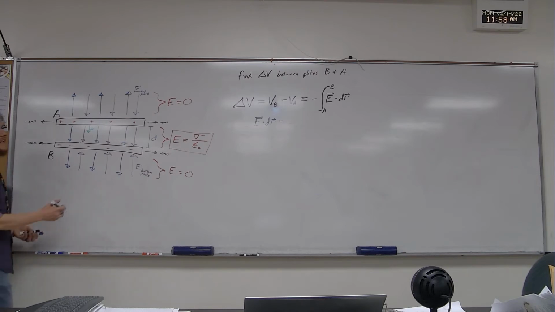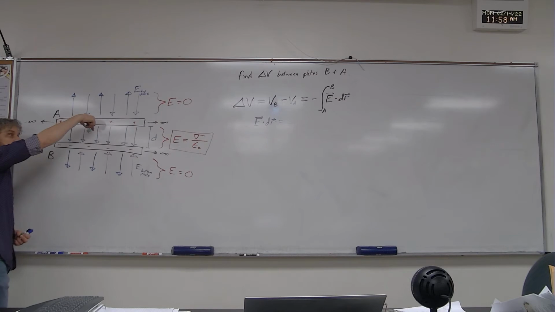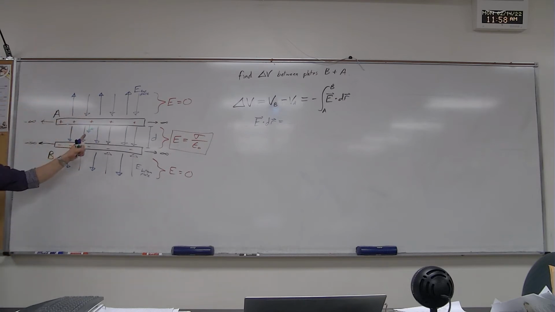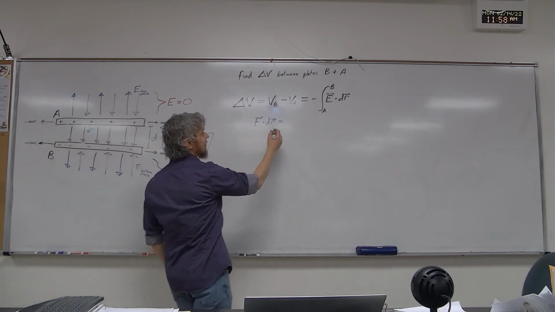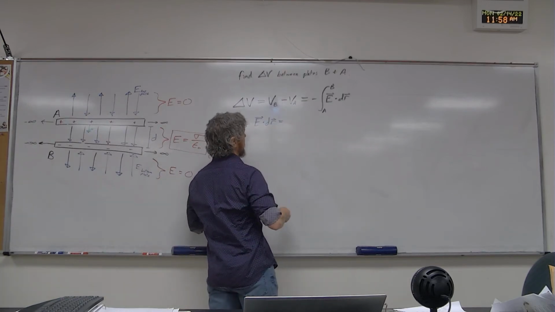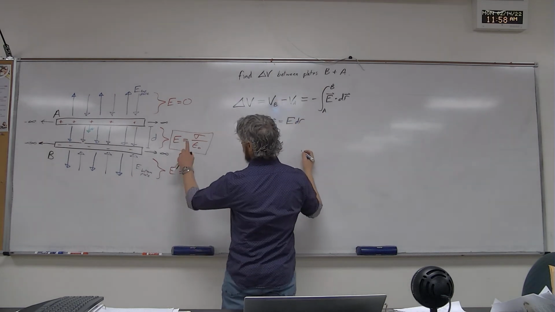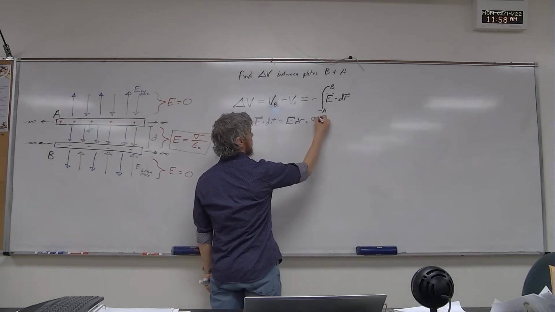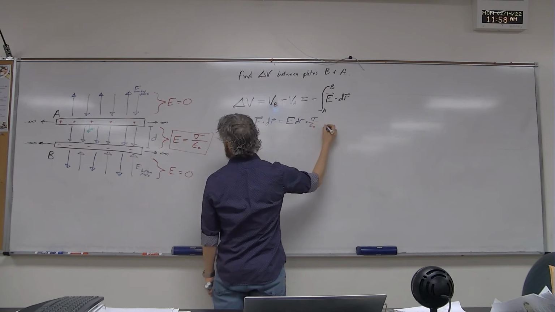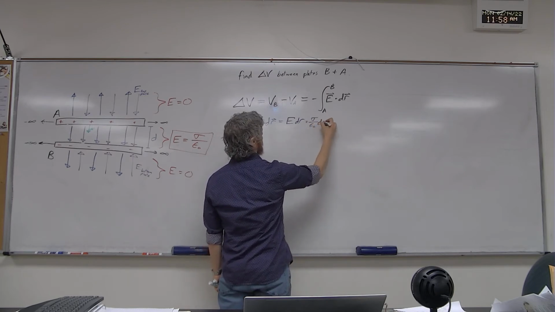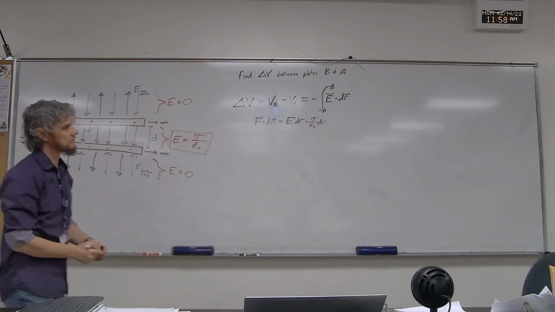And so I just need to integrate the dot product of the electric field and all those little drs, which are going to be in the same direction. So E dot dr is just going to be E dr. And look, we know the electric field. It's sigma over epsilon naught times dr.